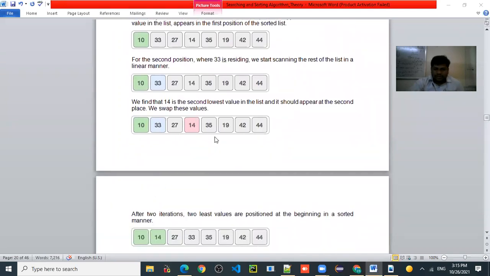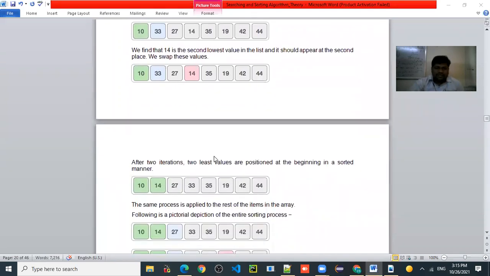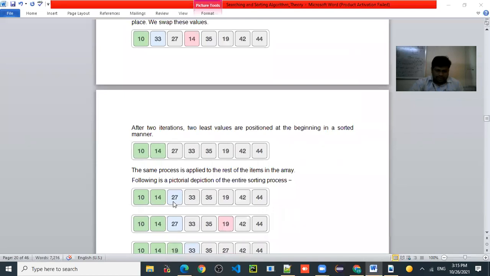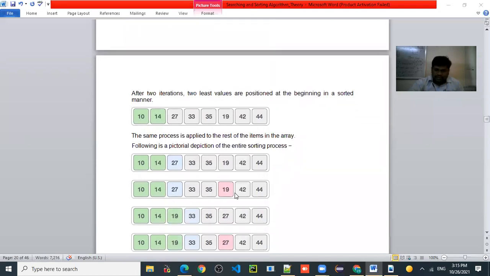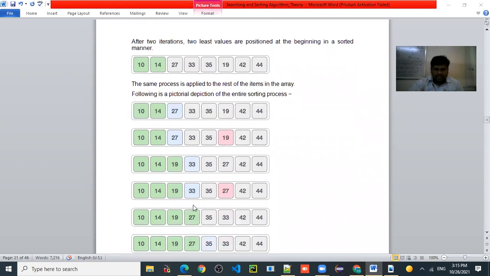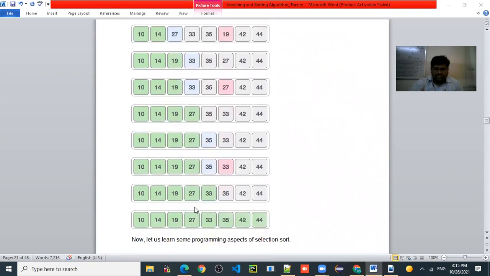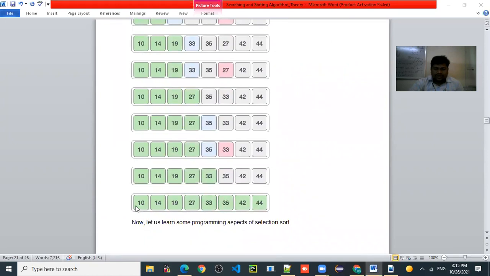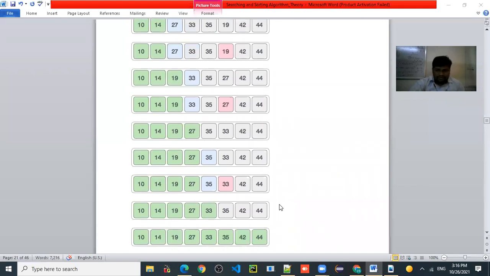In the remaining list, we identify the third smallest element and shift it to the third position. Then we identify the fourth smallest element in the remaining list and shift it to the fourth location, 33, 27. In this way we sort the whole array. This kind of sorting is called selection sort.